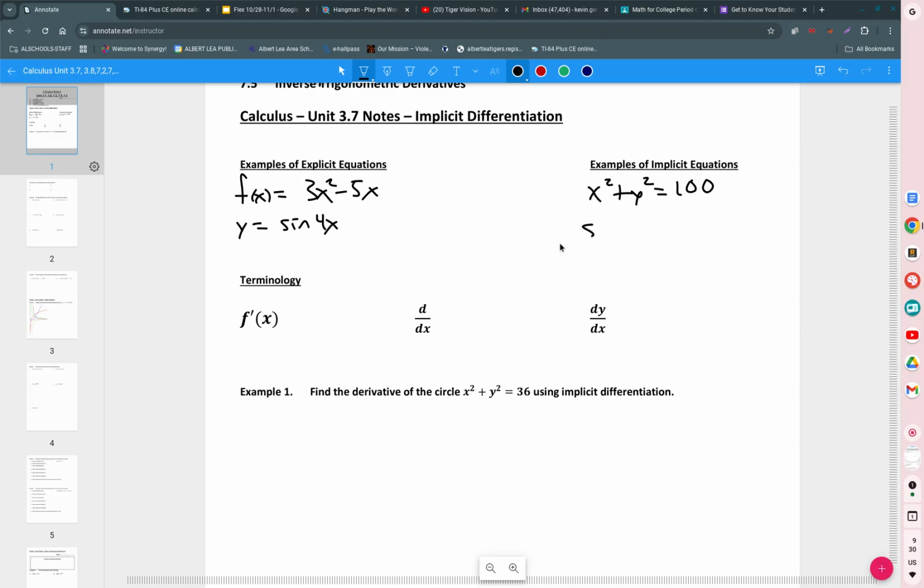Great. How about this? You're going to solve for y there? Explicitly? I don't think so. And so what do we do? How do we handle that?